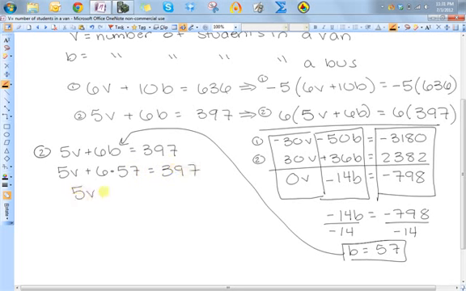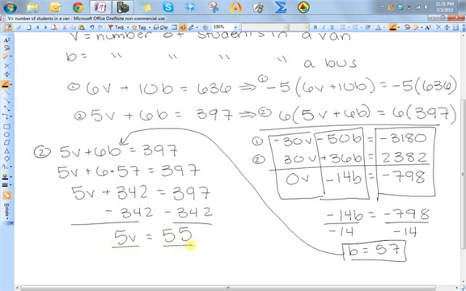So 5v plus 342 equals 397. If I subtract 342 from both sides, I'll get 5v is equal to 55. And then divide both sides by 5, I get v is equal to 11.